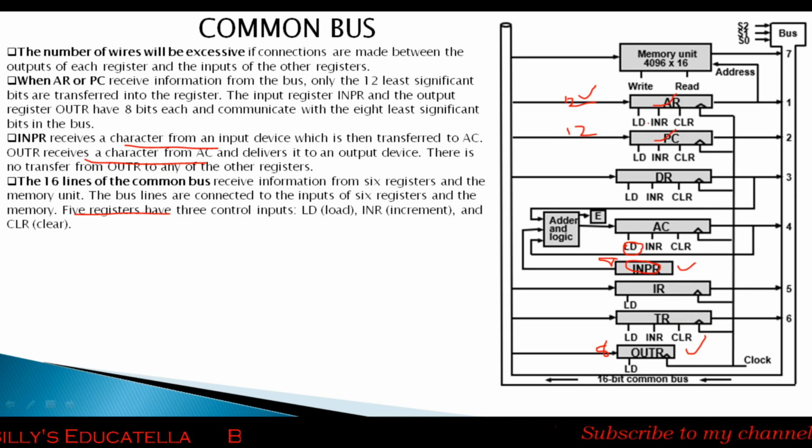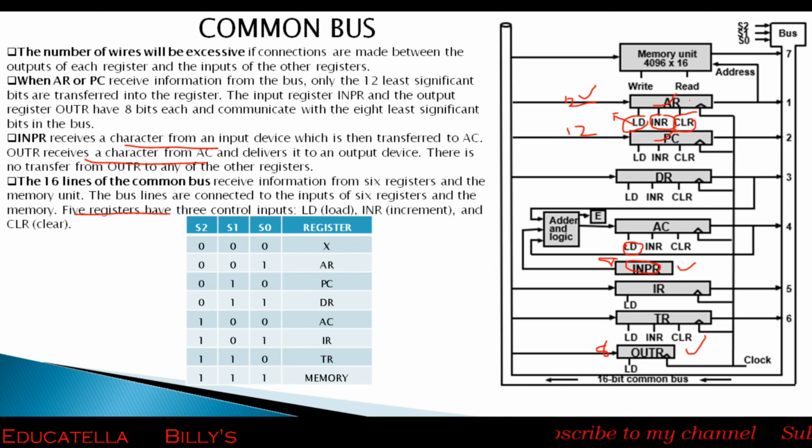The load signal is useful for loading the data from the bus into that register. The increment signal is used to increment the data by enabling the load signal, and the clear signal clears the data inside the register.